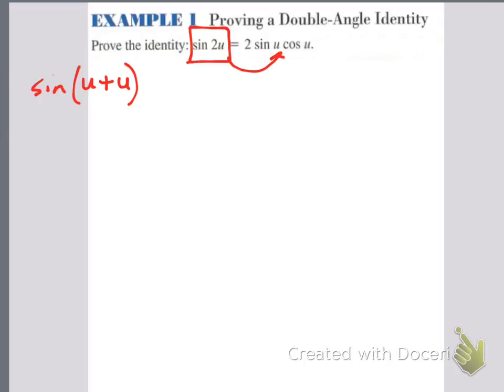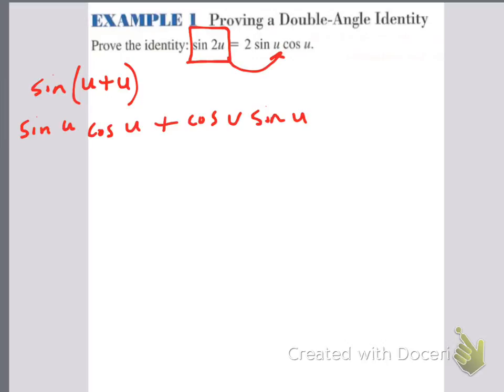Now, that is the sine of a sum. So what do we get? We get sine u cosine u, plus cosine u sine u.